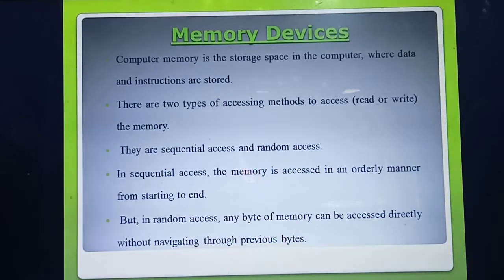But random access will not access in a sequential ordered manner. It will access anything: for example, first 1, then the fourth, then 5, then 10. It is not in order, it is in a random manner. Understood?